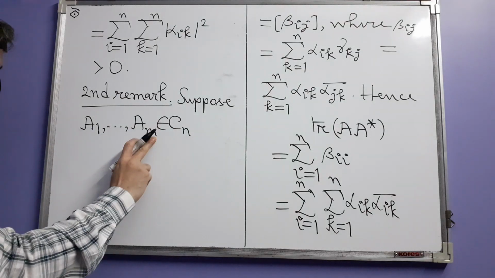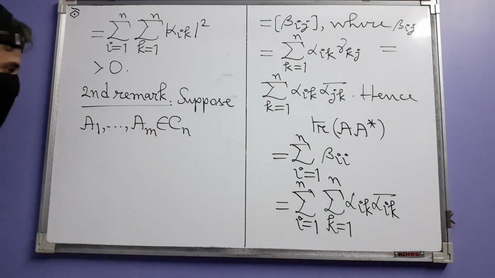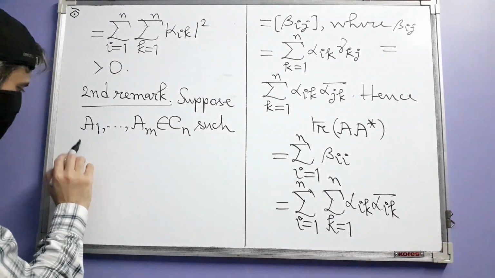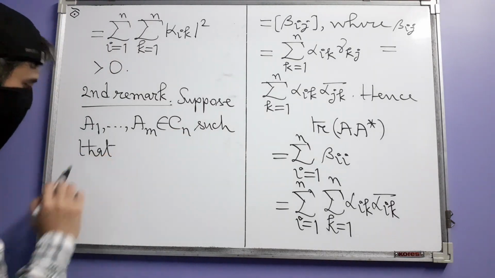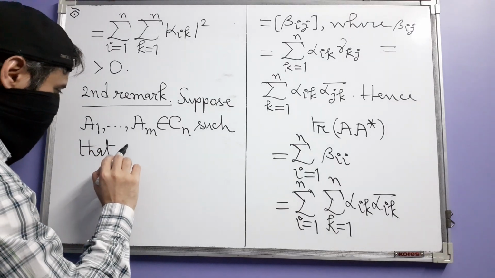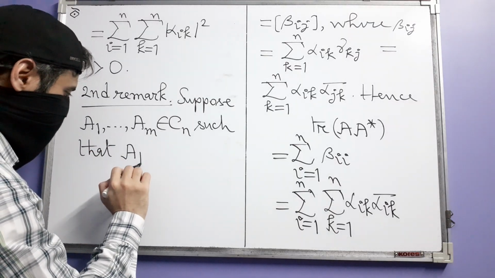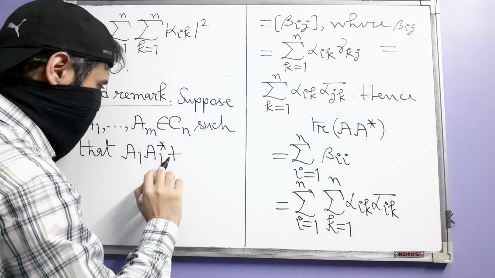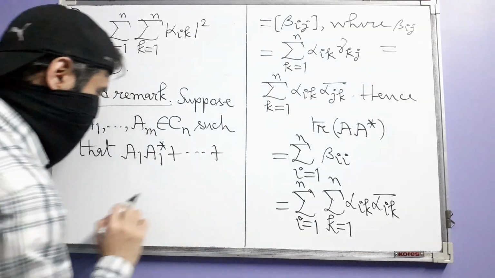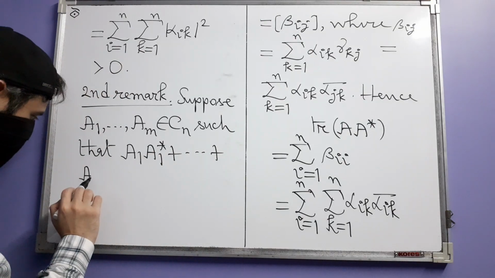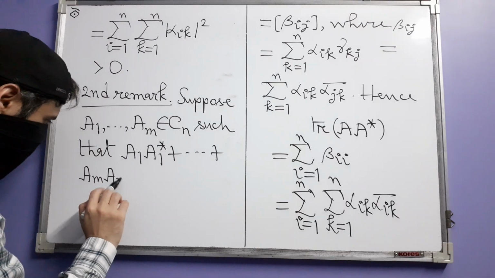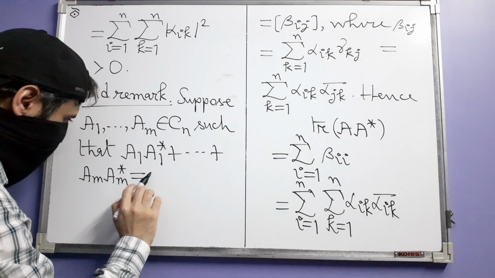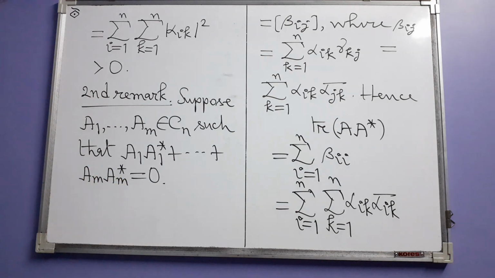The number of matrices we are considering has nothing to do with the size, such that A1 star A1 plus A2 star A2, and like that, An star An is equal to the zero matrix.